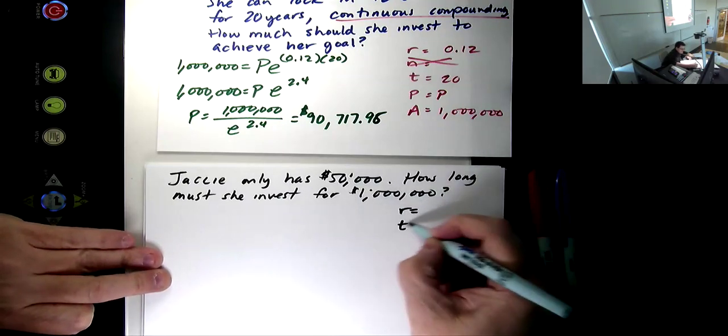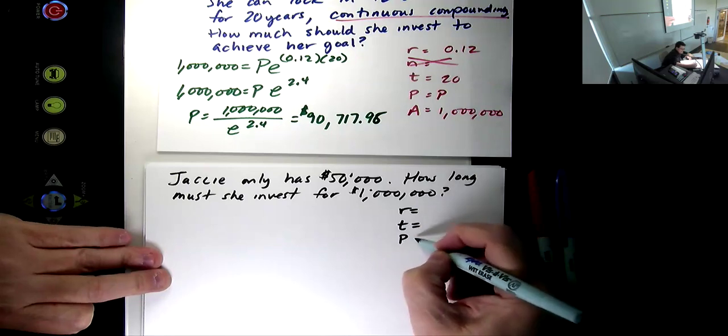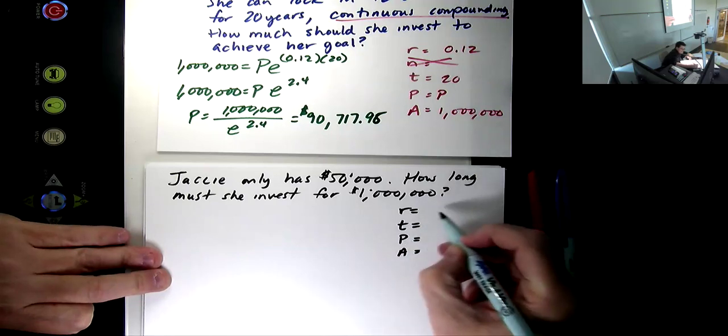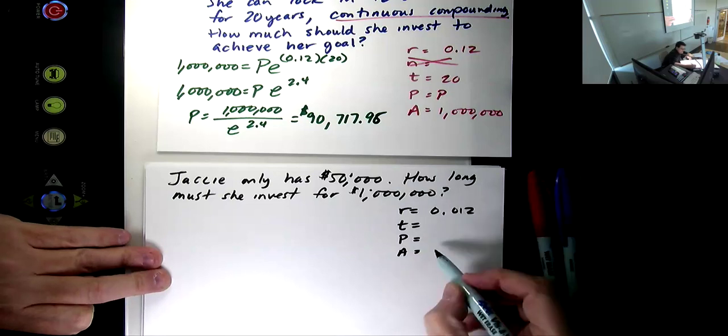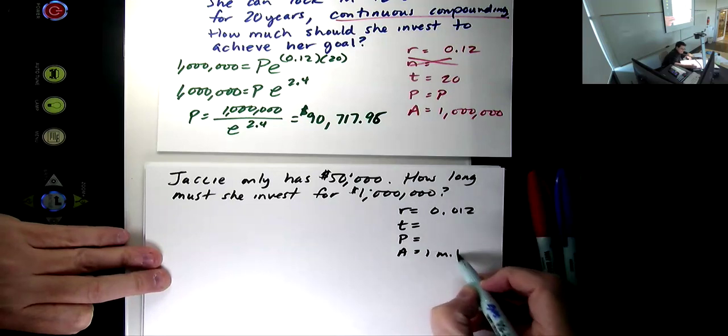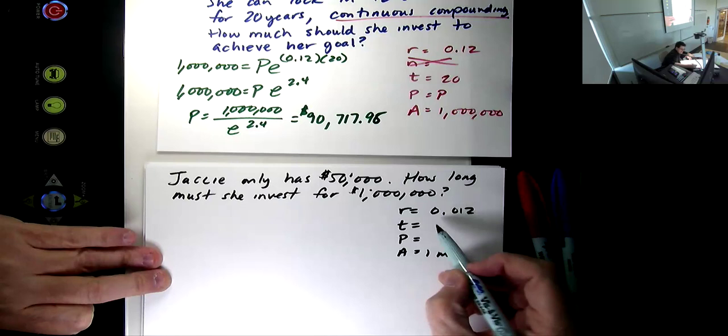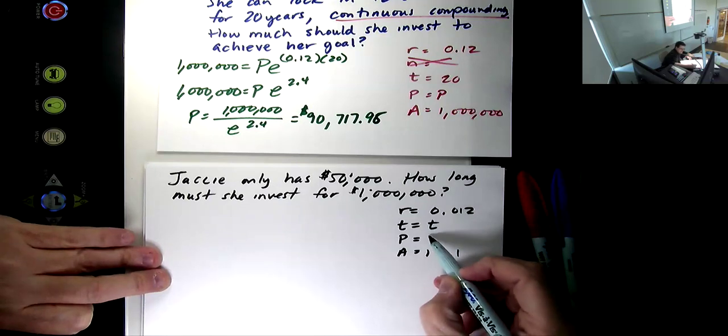So we don't need the N again. Our R is still the same. Our A is still the same. T is now the unknown and P is 50,000.